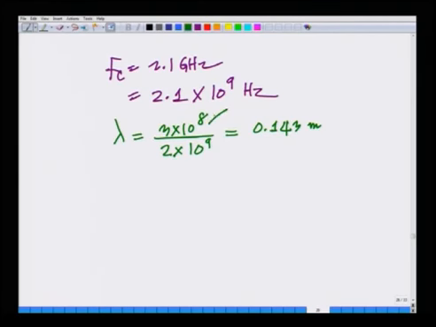This is nothing but the velocity of light, this is c, this is F c, and c by F c equals lambda, which is 0.143 meter.